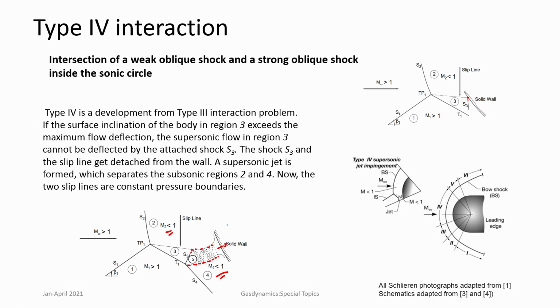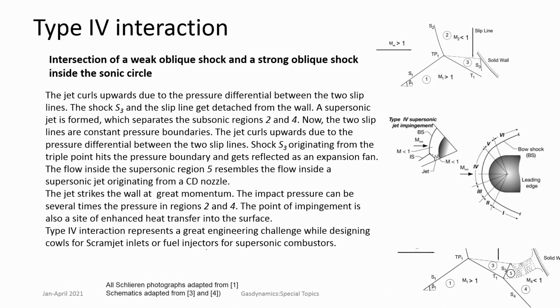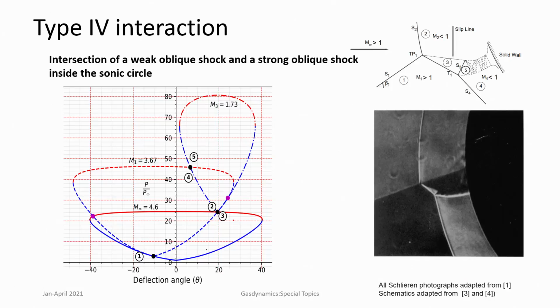That is the reason why this type of interaction is very important from the perspective of controlling the heat transfer on bodies. So, we have seen that there are 6 types of interactions, very interesting different kinds of flow features produced when the oblique shocks interact with each other.